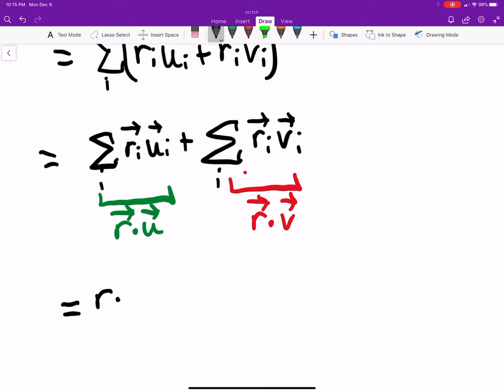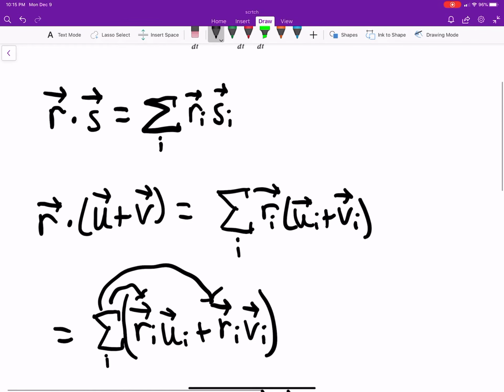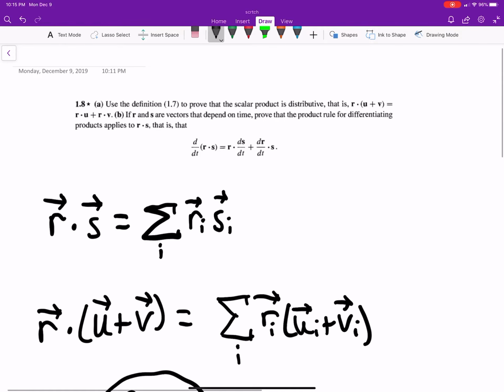So this is r dotted with u plus r dotted with v. So there we go. We showed that r dotted with u plus v is equal to this. So that was part A. The dot product is distributive.